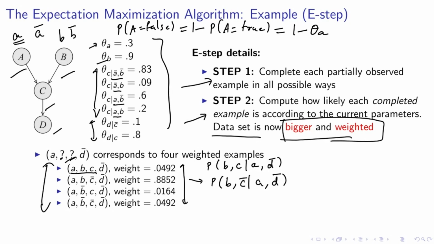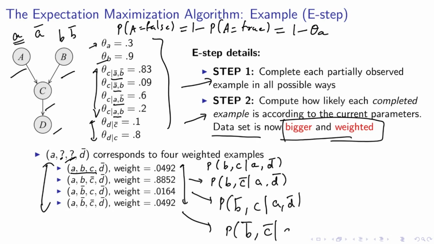The third point will be, I made a mistake, P of B bar, C given A comma D bar, and the final completion is B bar, C bar given A comma D bar. This can be computed using any inference algorithm.